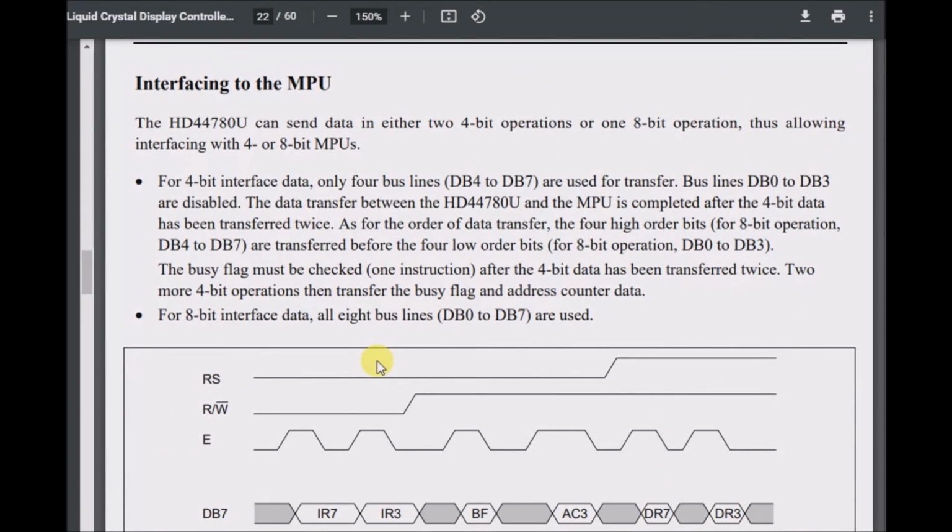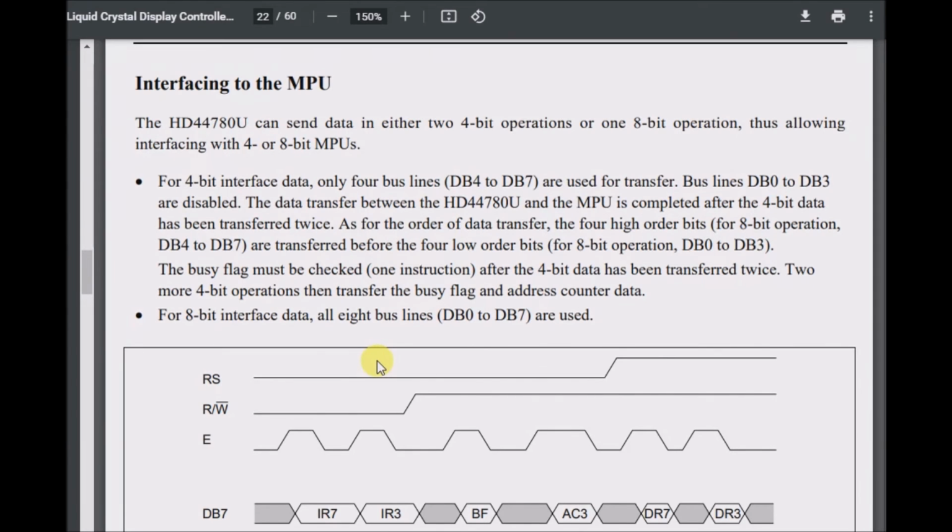Interfacing to the MPU. The HD44780U can send data in either two 4-bit operations or one 8-bit operation, thus allowing interfacing with 4 or 8-bit MPUs.